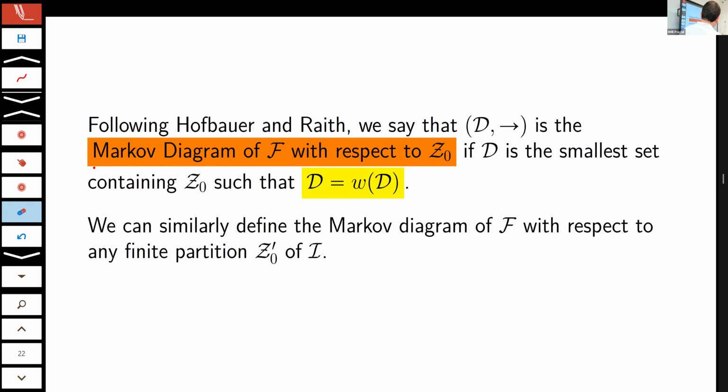Now that we have a multi-valued mapping T and the successors, I can finally define the Markov diagram following Hofbauer and Wright, who defined it for expansive systems. For piecewise monotonic expansive systems, we say that the set equipped with this arrow operator is the Markov diagram of f with respect to the monotonicity partition Z if D is the smallest set containing this partition that is closed to making successors.